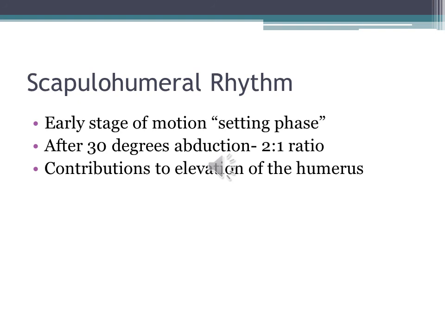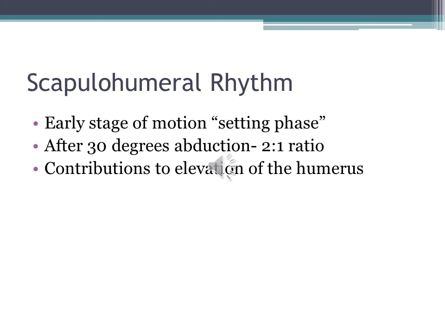After the first 30 degrees, you get a 2-to-1 ratio, meaning that for every 2 degrees of humeral motion, you get 1 degree of scapular motion. So that's pretty much what we're looking at. Again, you look at some of the studies as they're talked about in the book. They give some variations that occur, but for our purposes right now, we're just going to look at the 2-to-1 ratio.